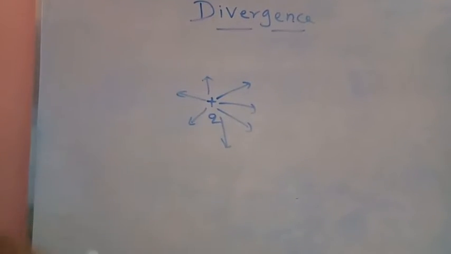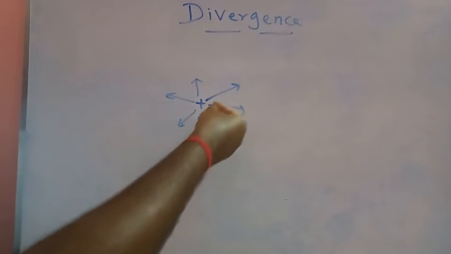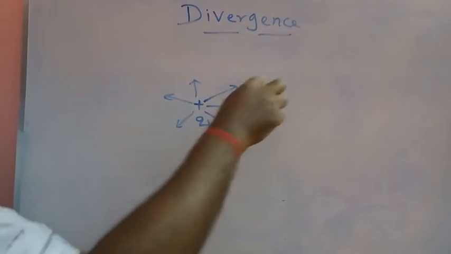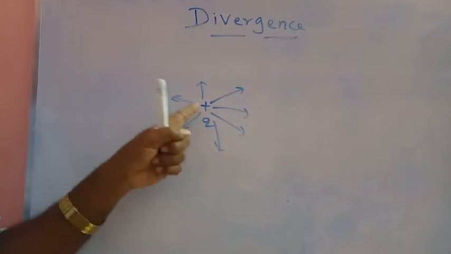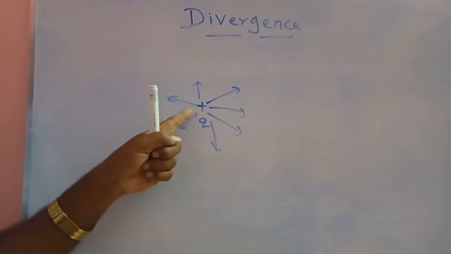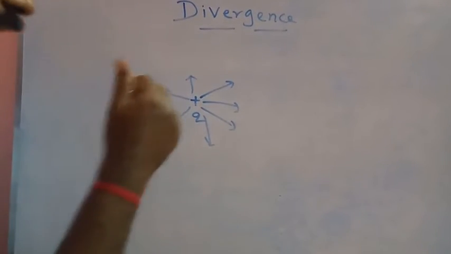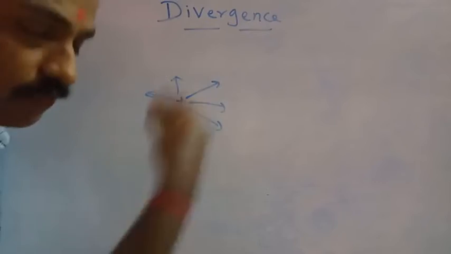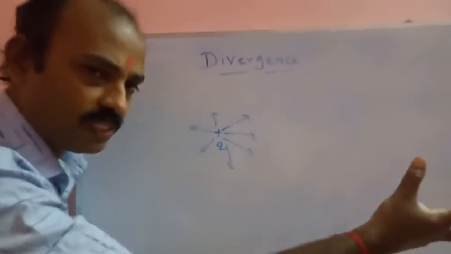For example, in terms of a liquid, the liquid is flowing out. If this particular function is positive, the fluid is continuously flowing away. In the case of charge, the electric field is flowing outside.